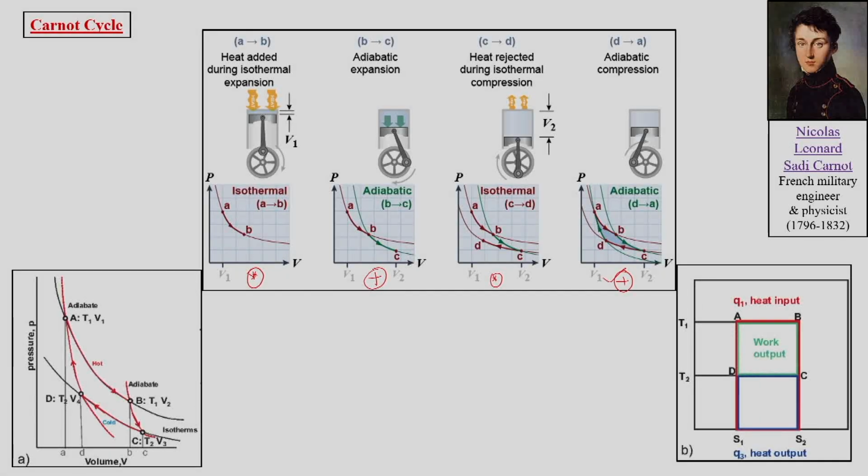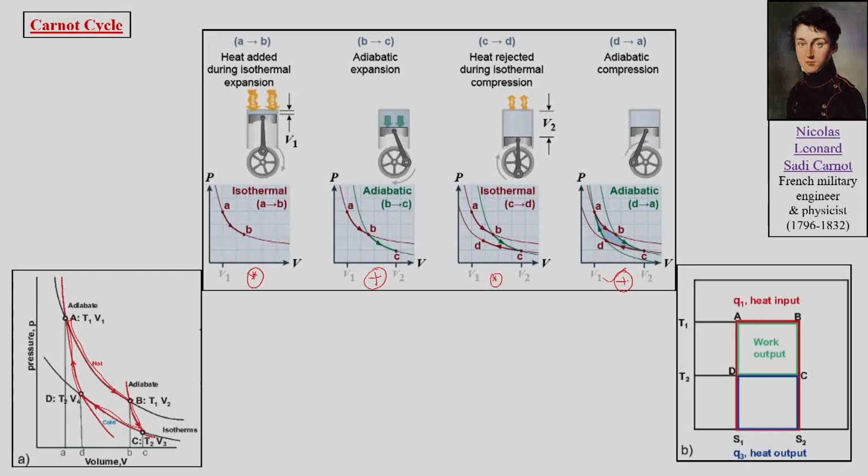We have the PV diagram for the Carnot cycle, where process A to B is an isothermal process, process B to C is an adiabatic process, process C to D is an isothermal process, and process D to A is again an adiabatic process.